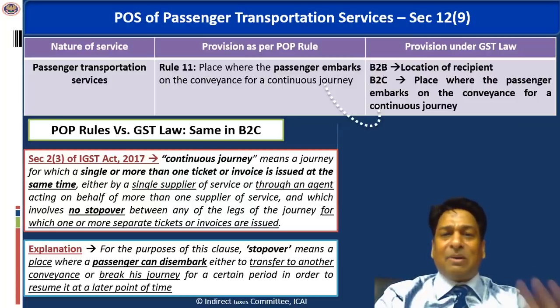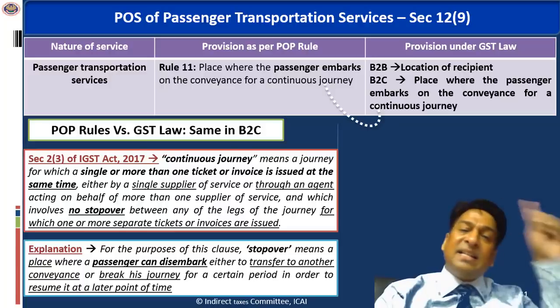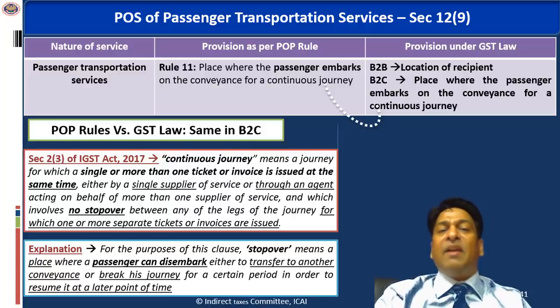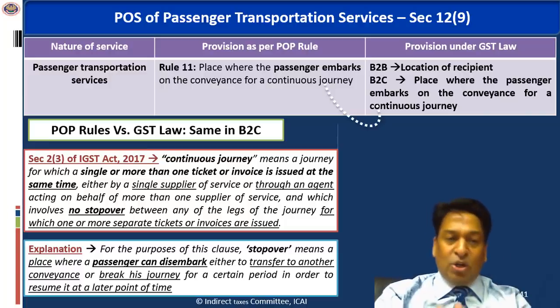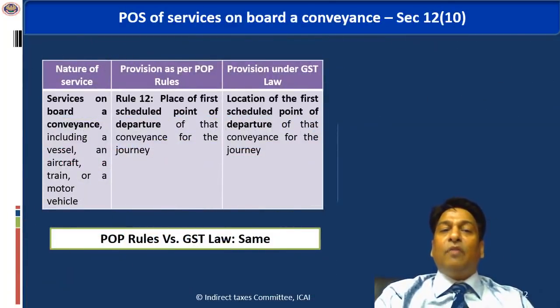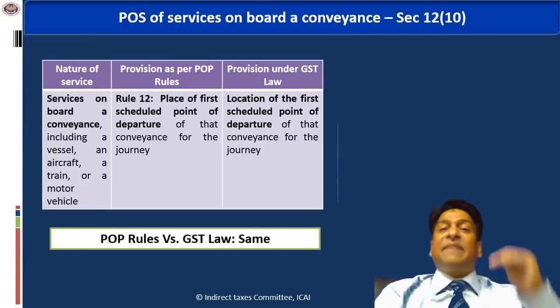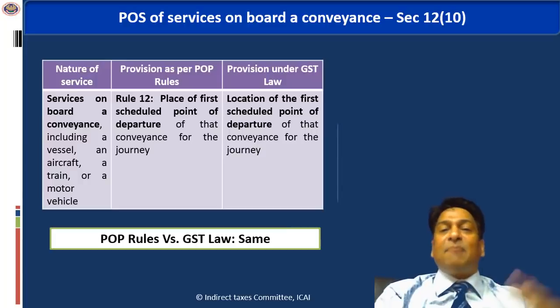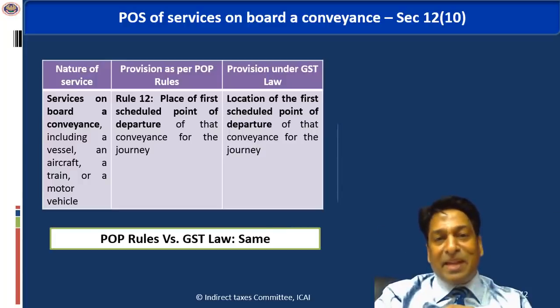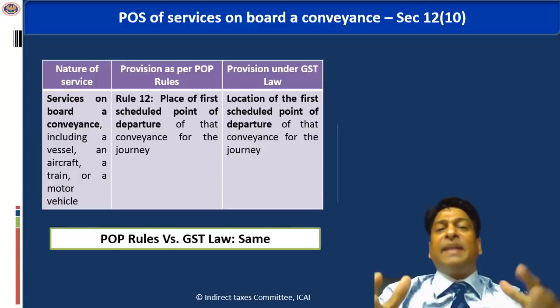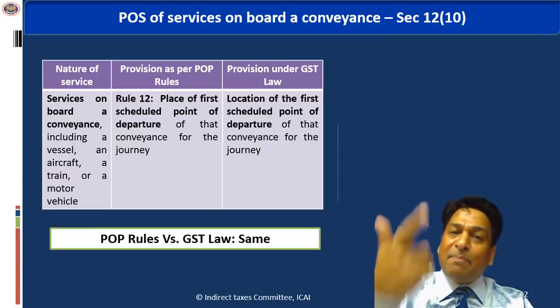I have done this particular passenger transportation services while discussing place of supply when goods are being loaded on board a conveyance. So I'm skipping this particular slide and moving further. For place of supply, additional services on board a conveyance. Sometimes value-added services are given on board a conveyance on a payment basis.